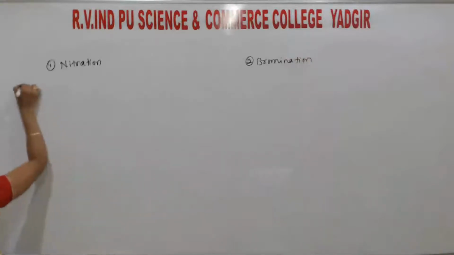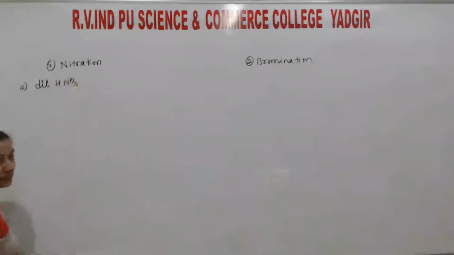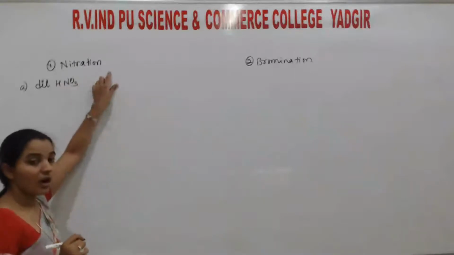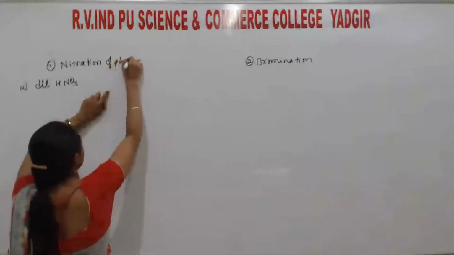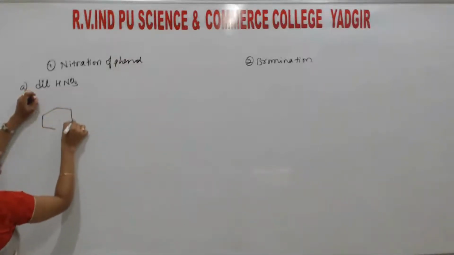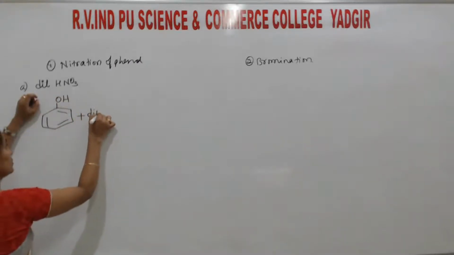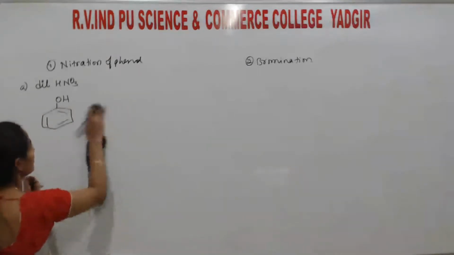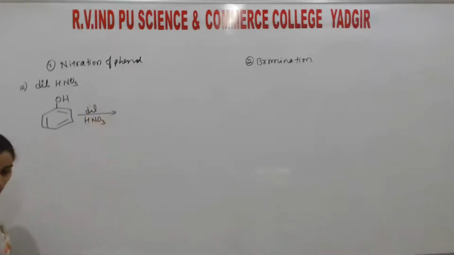So listen, if the nitration takes place in presence of dilute HNO3 instead of concentrated HNO3, that is nitration of phenol in presence of dilute HNO3, then consider phenol here plus dilute HNO3 as the reagent.